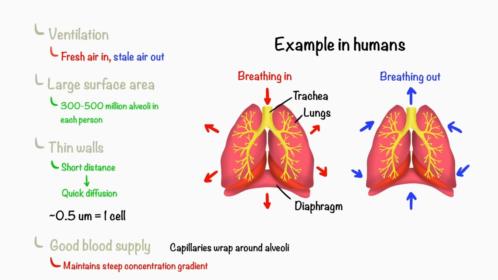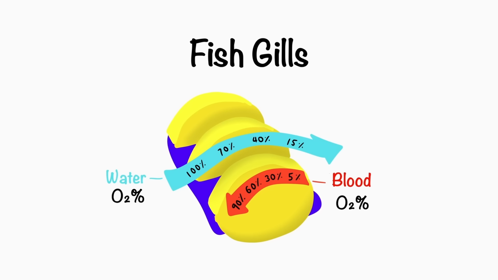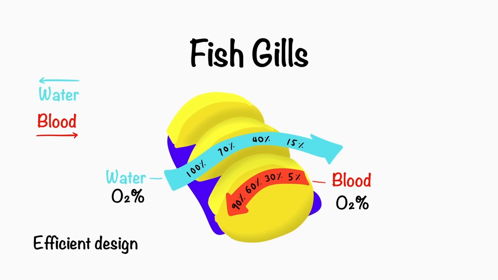Now let's look at specific examples of exchange surfaces in other organisms. In fish, gills serve as the respiratory exchange surface. Water flows over the gill filaments in one direction while blood flows through the capillaries in the opposite direction. This countercurrent flow maximizes the concentration gradient and thus the efficiency of gas exchange.